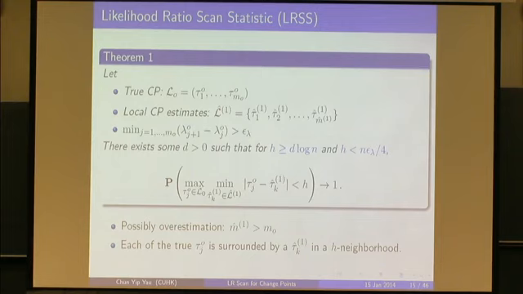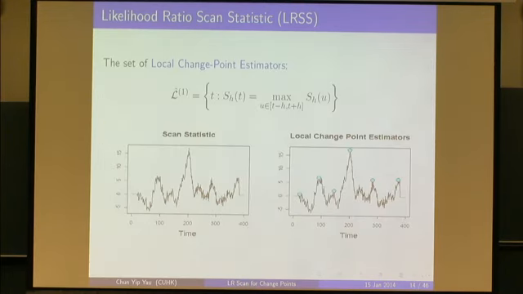What I can prove is that if h is bigger than d log n, which is not very large, then I have this consistent property where for each true change point I can find one tau hat. Because I have a 3-step procedure, when you see bracket 1, bracket 2, bracket 3, it is the product of the 3-step.